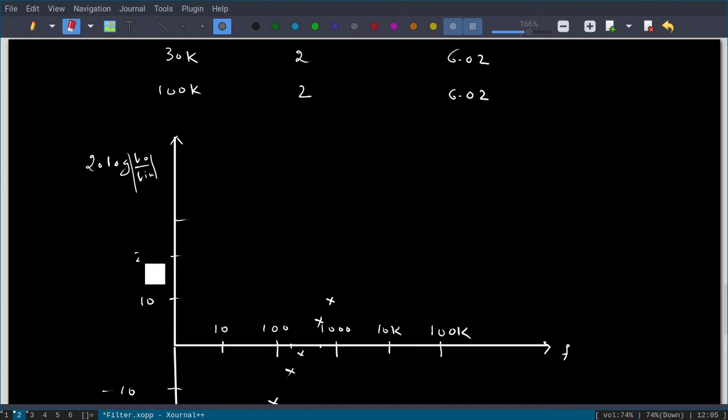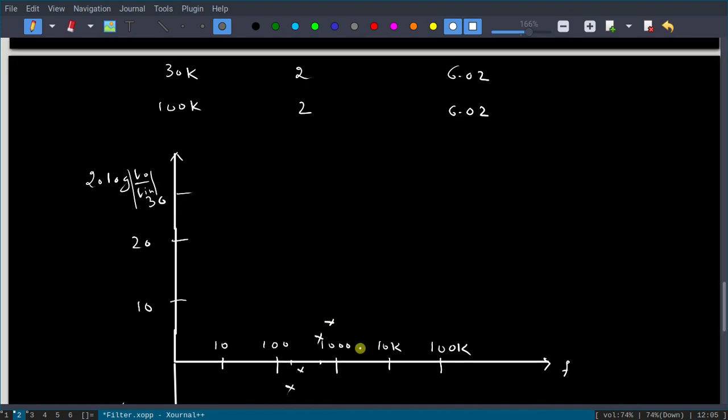Let me rub this, we will keep the scale a bit bigger, so this is 10 so that you can see properly, 20, 30. So at 1k this will be 5 point, I think this is what we can take.